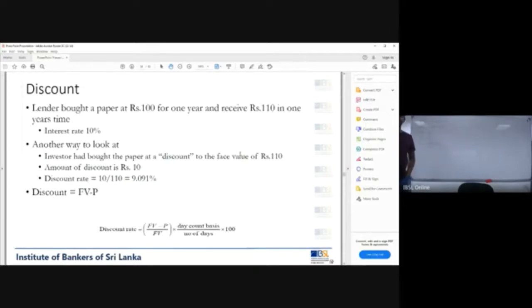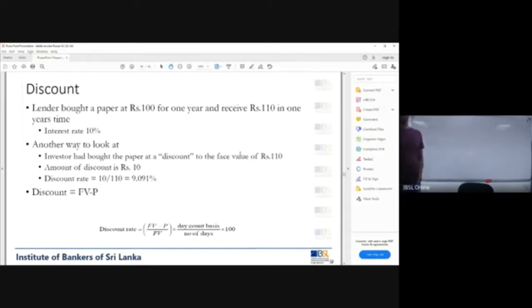How do you find the discount rate? A lender has bought a paper at 100 rupees for 1 year and receives 110 in 1 year's time. So he has bought it for 100 and he will receive 110 in 1 year.